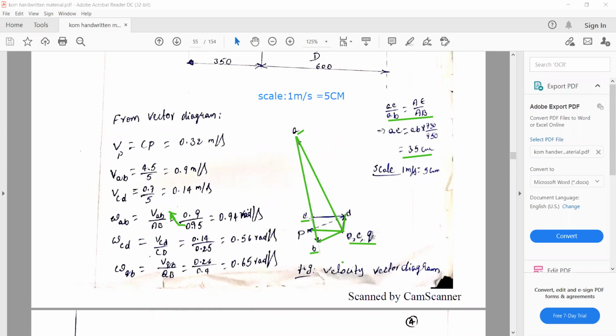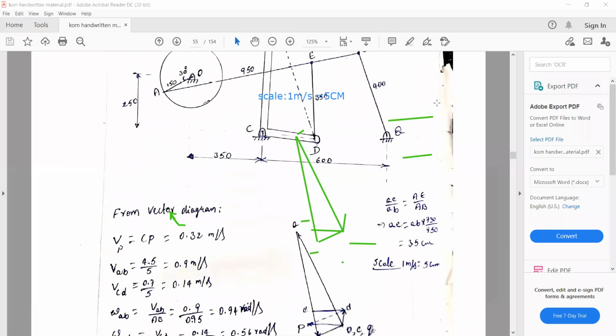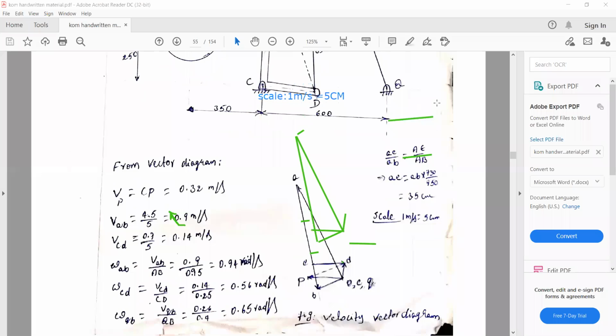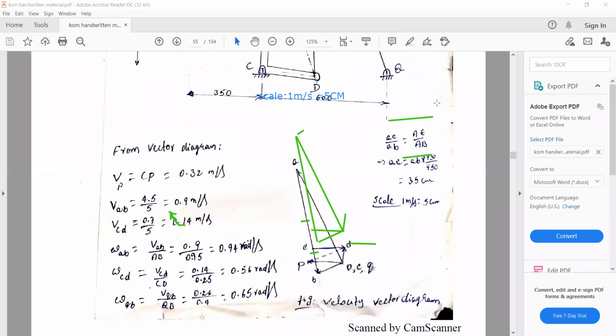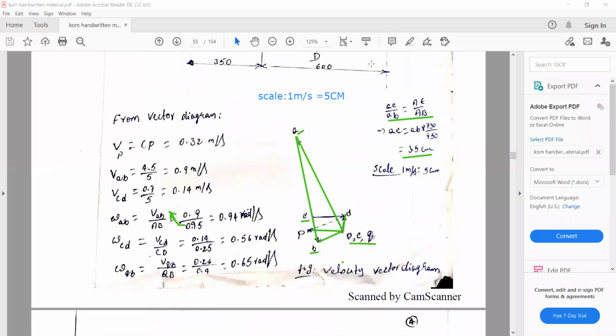When you have identified the E point, then you have the ED also. Then simply find the ED perpendicularity.